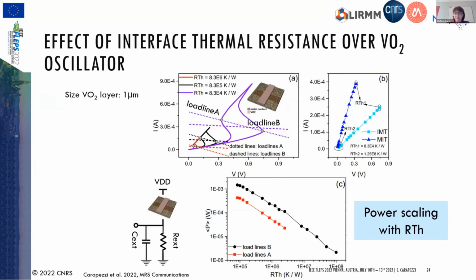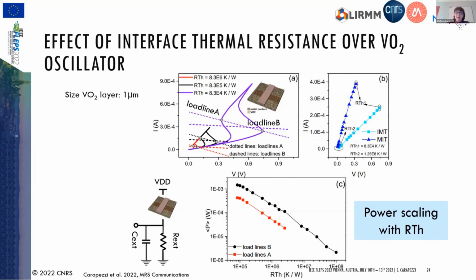So it's like the minimum VDD that you can apply in order to get your circuit to work as an oscillator, but also another kind of load line that I labeled as load line B, which is the load line passing through the central region of the negative differential resistance region. It's a higher power.